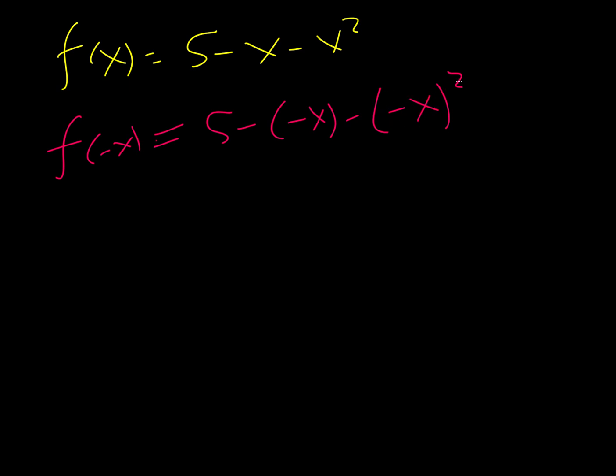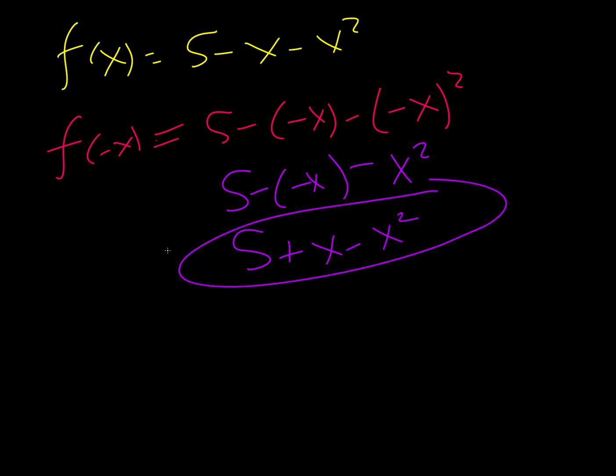So negative x squared is going to give us positive x squared. I know that's confusing, but then this negative is this negative. Okay, now these negatives are going to become a positive, so it's 5 plus x minus x squared. And that's equal to f of negative x. So 5 plus x minus x squared. All right, that's kind of weird, huh?